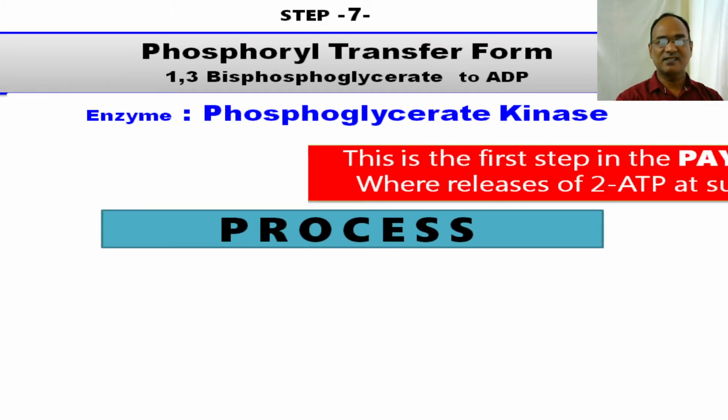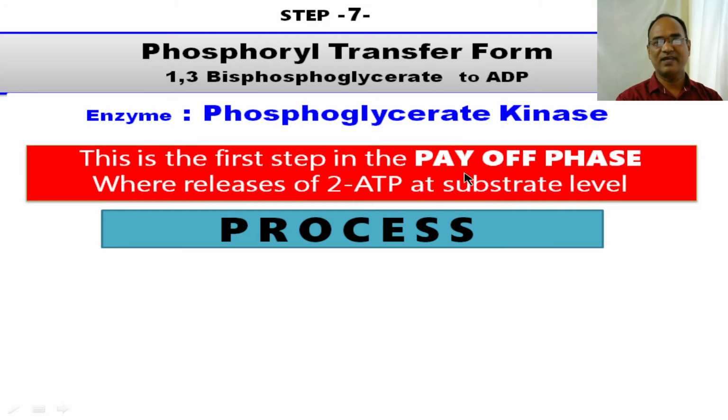This is the first step where you get your ATP back. In the energy investment phase we spent 2, and here we get it back. Sorry, 1 ATP is involved per molecule in the investment phase, and here you get it back as 2 ATP molecules.